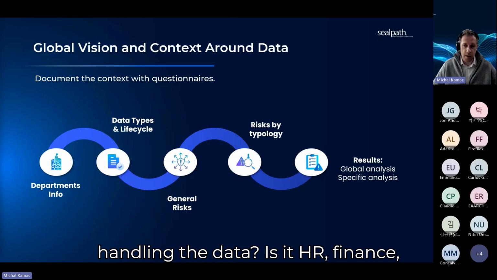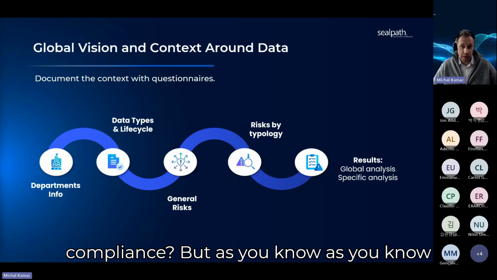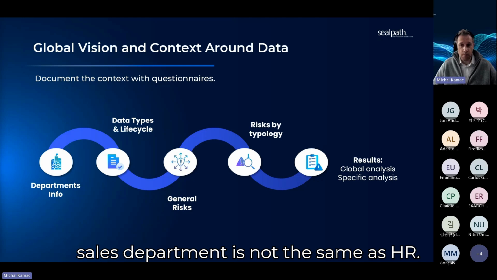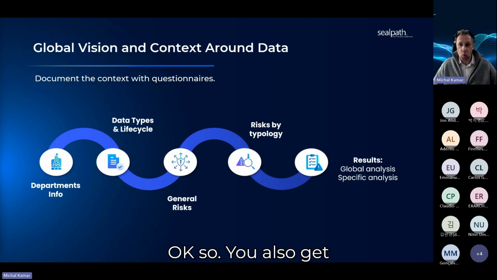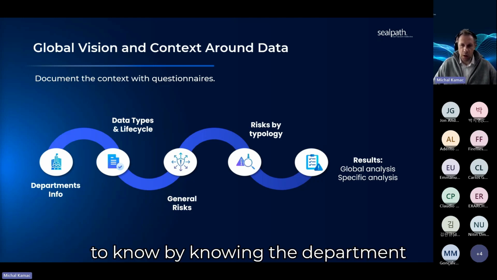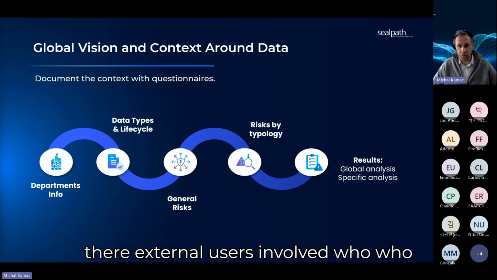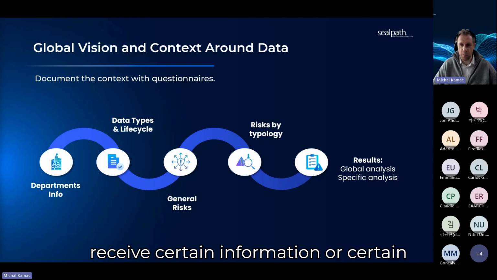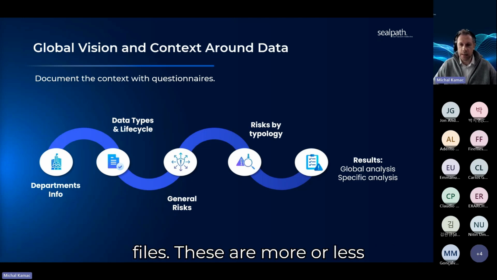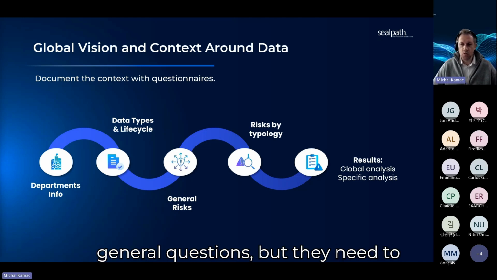Is it HR, finance, compliance? But as you know, the sales department is not the same as HR. Okay, so by knowing the department, you also get to know who interacts with this area. Are there external users involved who receive certain information or certain files? These are more or less general questions, but they need to be responded.